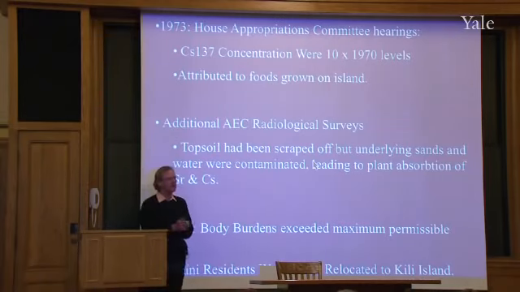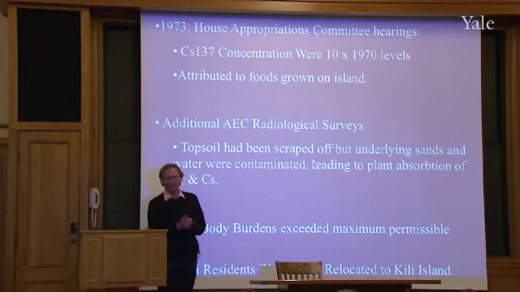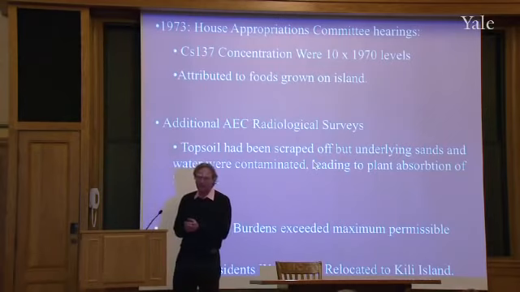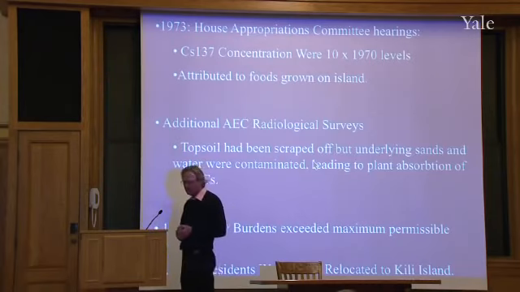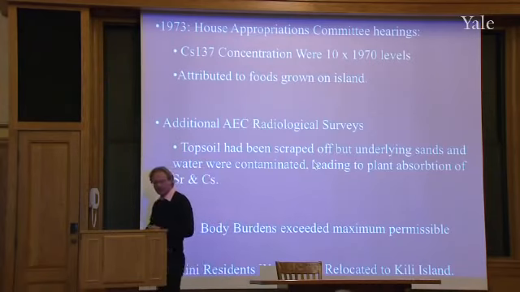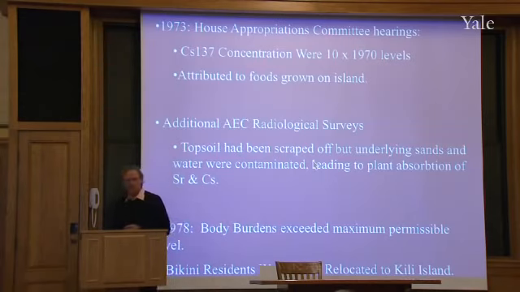Our sampling strategy didn't pick up the fact that the underlying aquifers were contaminated, or that the soil concentrations were higher than originally estimated. They found that they had scraped the topsoil off, but had not gone deeply enough, and that some of the plants were drawing water up from a distance that included sands and organic matter that had absorbed significant concentrations.